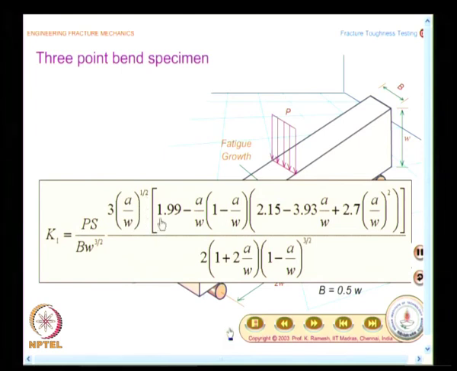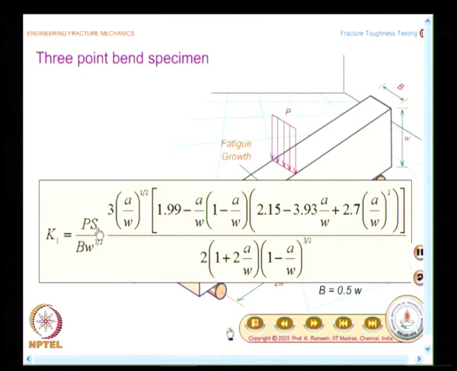This is multiplied by 1.99 minus A by W into 1 minus A by W into 2.15 minus 3.93 A by W plus 2.7 A by W whole square divided by 2 into 1 plus 2 A by W multiplied by 1 minus A by W whole power 3 by 2.